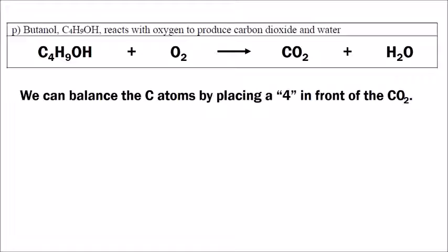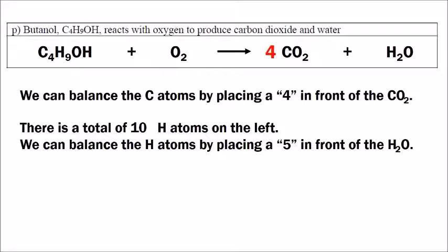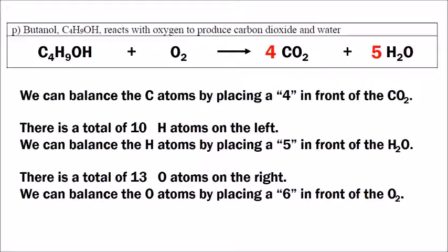We can balance the carbon atoms by placing a 4 in front of the carbon dioxide. Since there are 10 hydrogen atoms on the left, let's place a 5 in front of the H2O. Now to count the number of oxygen atoms on the right, that's going to be 4 times 2 is 8, plus another 5 oxygen atoms from that water, so 8 plus 5 is 13.